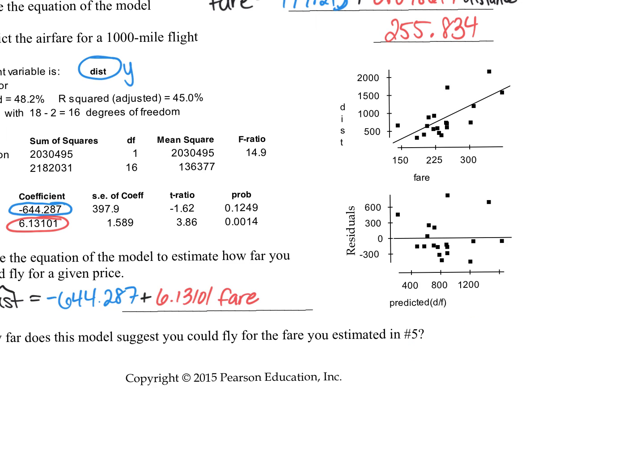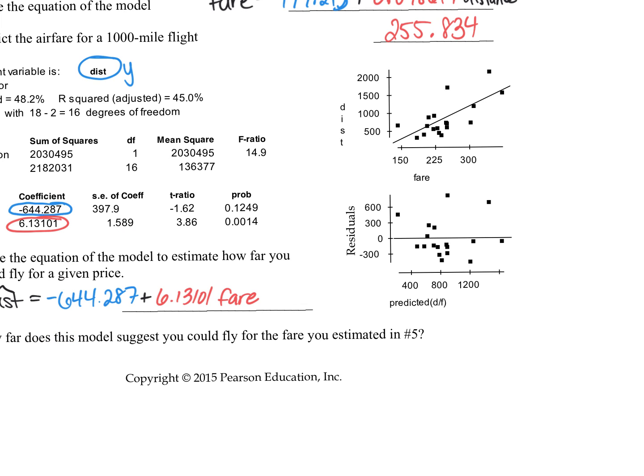So if we look at the amount of money we got here, this is the last question. How far does this model suggest you could fly for the fare we estimated in number 5? So we said if I wanted to go 1,000 miles, it would cost me $255.83. Okay? So if this was a perfect relationship, if I plugged this into this equation for distance, what number should I get?